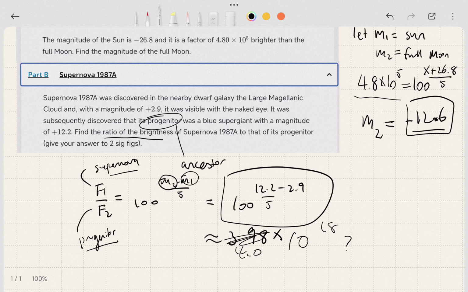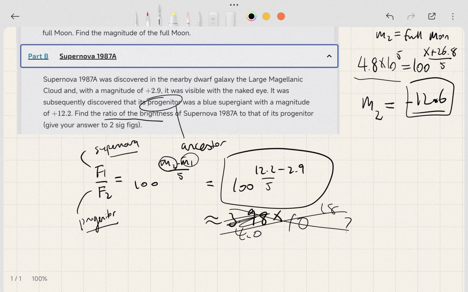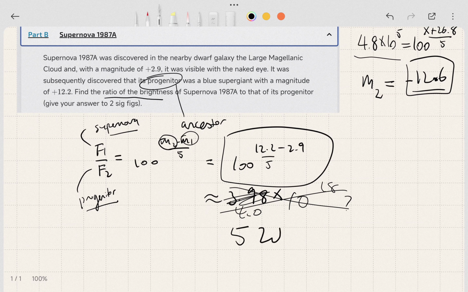That's why I got it wrong, because it's 100 to the power of, the 12.2 minus 2.9 is equal to 9.3, right? Yeah, 9.3. So it's 9.3 divided by 5. So you'd get 5,200 times brighter. So the supernova would be 5,200 times brighter than the progenitor star, and it's correct. So always be careful with answering the questions.